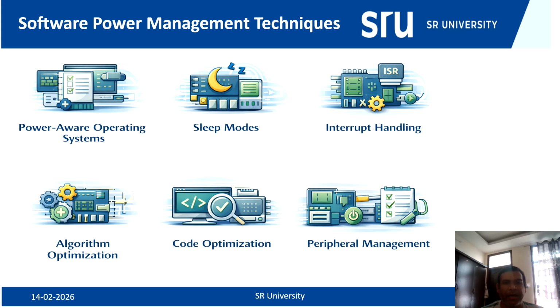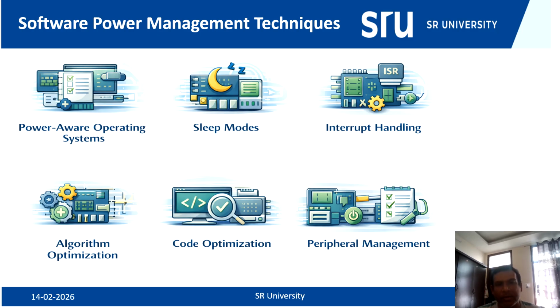These systems can intelligently schedule tasks to minimize unnecessary switching activity, manage idle time efficiently, and control the power states of various hardware components such as CPUs, memory, and peripherals. By coordinating system activities, the RTOS ensures that hardware is only active when it is required.